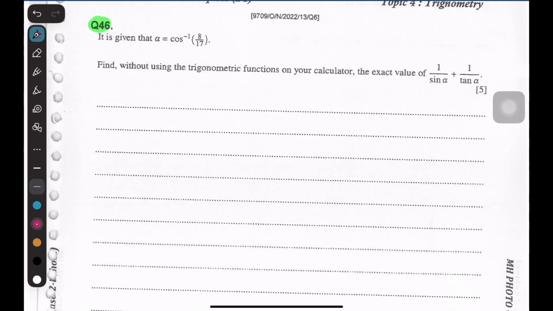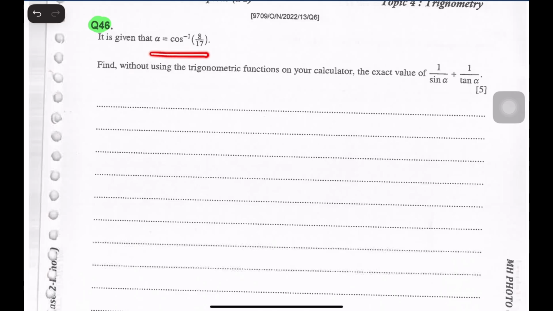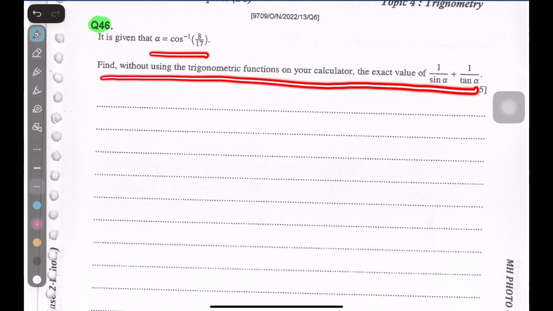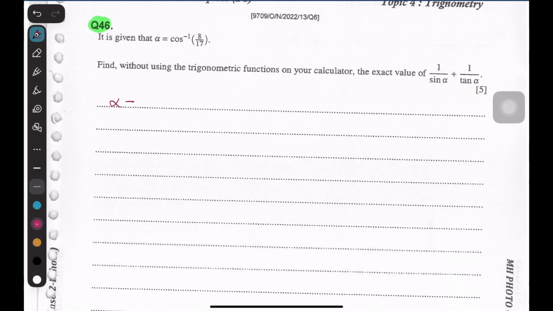So they've given us, if it is given that alpha equals cos inverse 8 upon 17, find without using the trigonometric function or calculator the exact value of this. Now if alpha equals cos inverse 8 upon 17, if I take the inverse to the left side, I can write this as cos alpha equals 8 upon 17.